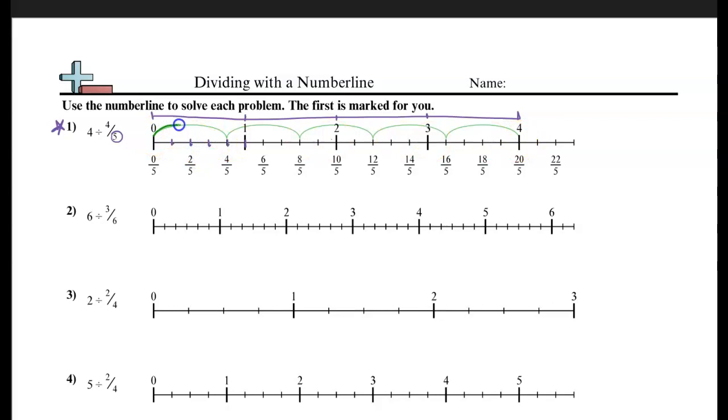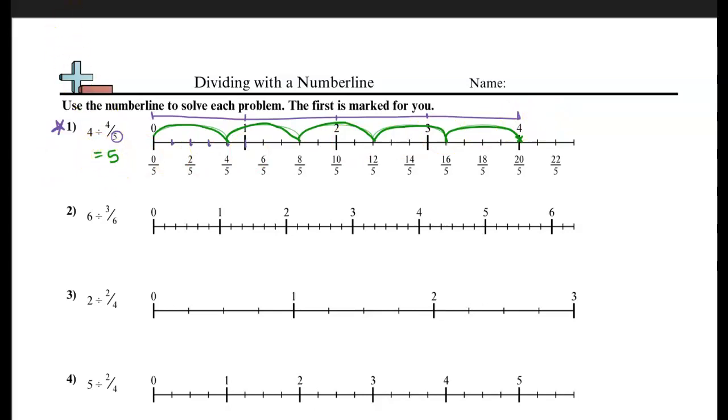And so we're using an arc to represent a group of 4/5. Here's our second one, here's our third one, here's our fourth one, here's our fifth one. We were able to fit that fraction in a total of 5 times, so our answer is 5.